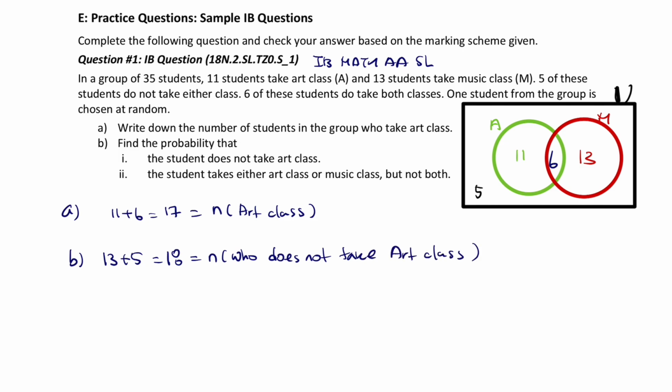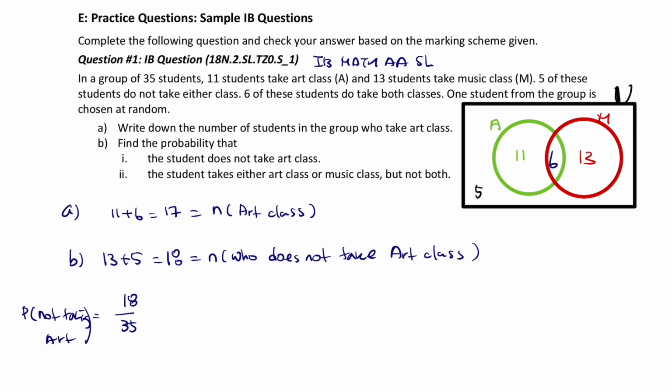However, since we need to find the probability, we have to do 18 divided by 35, right? So the probability of not taking art, the answer is 18 over 35. We cannot simplify further than this, right?